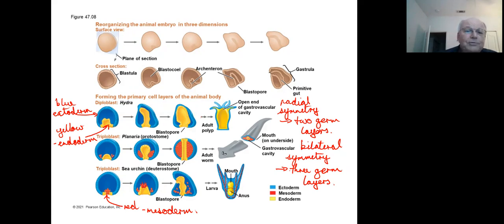Well, if you know your Latin prefixes, which unfortunately we don't teach in school much anymore, proto means one, deutero means two. Stome, well, you learned about stomata in plants. A stomata is an opening into the leaf.